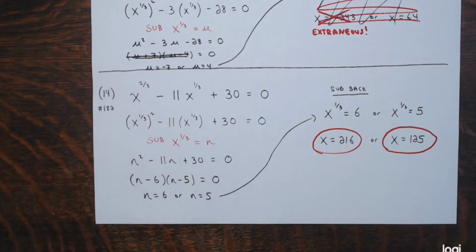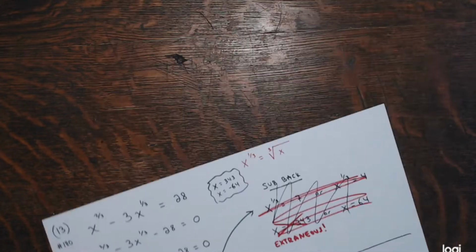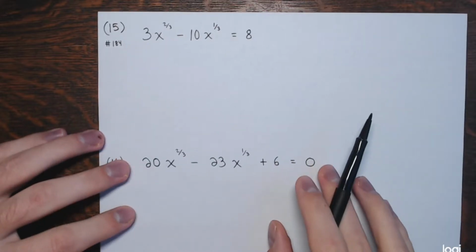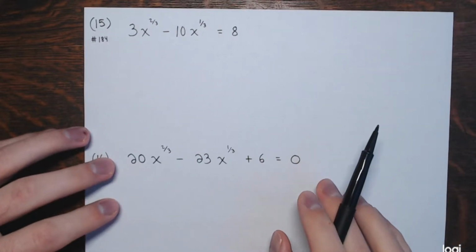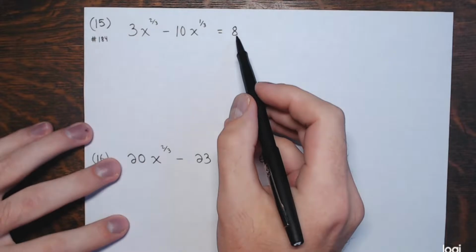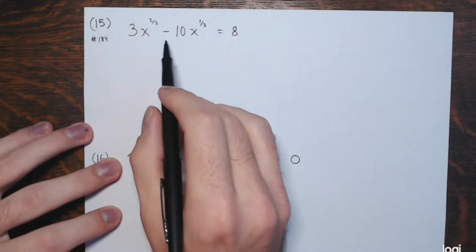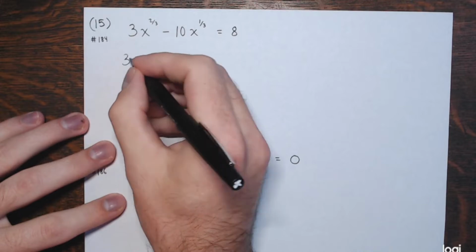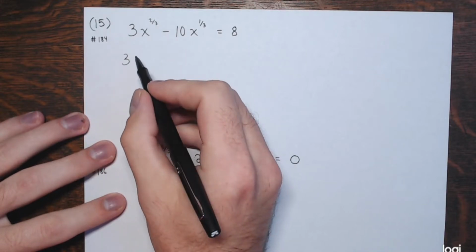Good, I didn't make any errors on that. Next page has some very similar ones, again with the x to the 2/3 and x to the 1/3 power. I'm just going to subtract 8 and write this so that you can see it's in quadratic form.